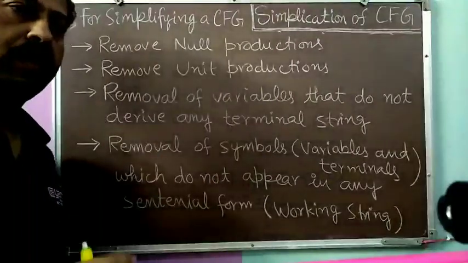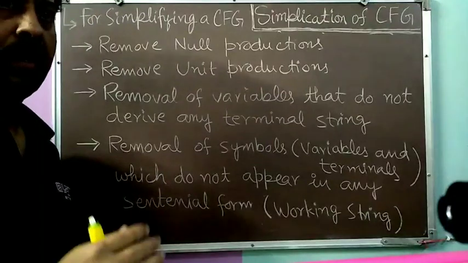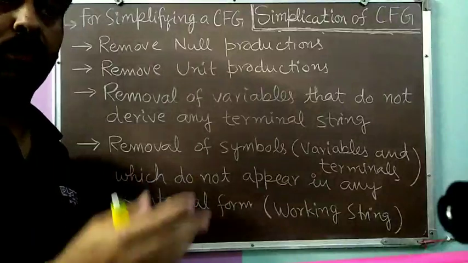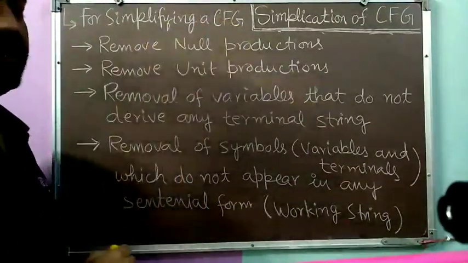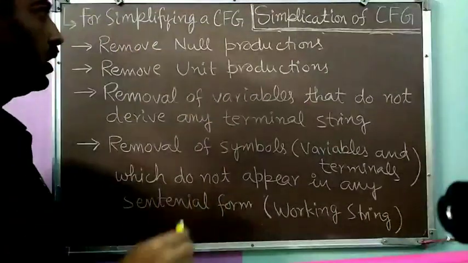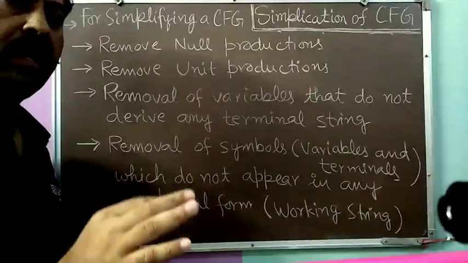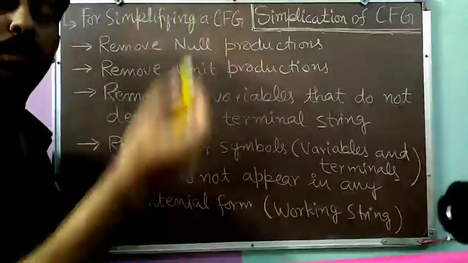Up till now we have discussed 4 kinds of simplification of the grammar. Now in what sequence should these simplification steps be performed to simplify a particular grammar? So for simplifying a CFG, we should first of all perform removal of the null productions. Why? Because the removal of null productions may give rise to unit productions.